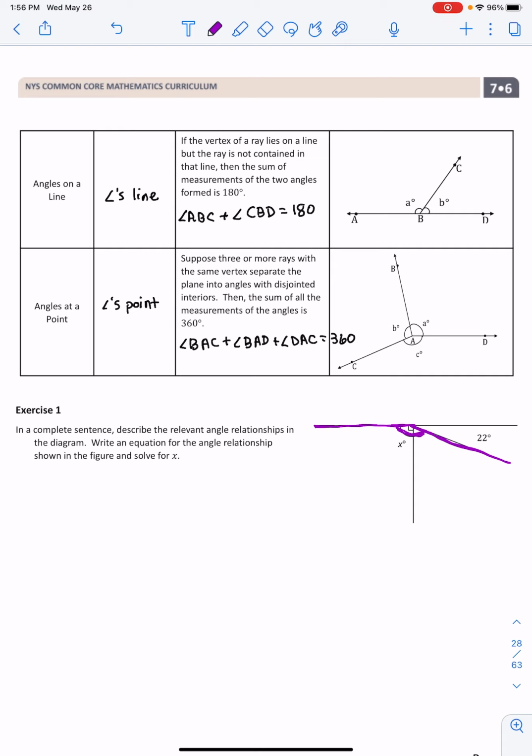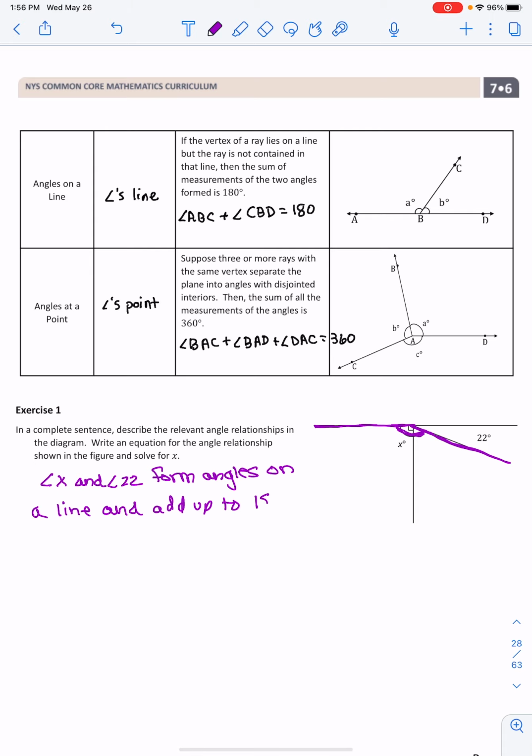So we have angle x and angle 22 form angles on a line and add up to 180 degrees.